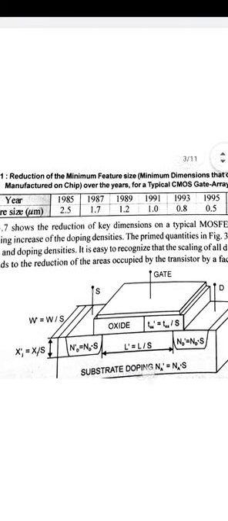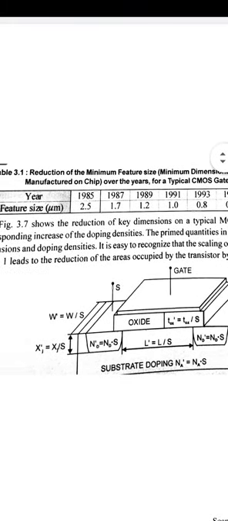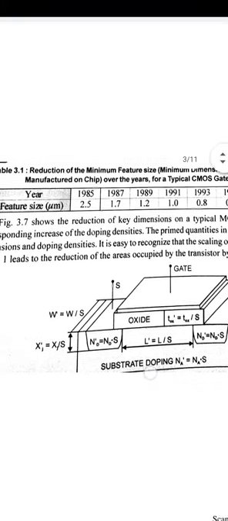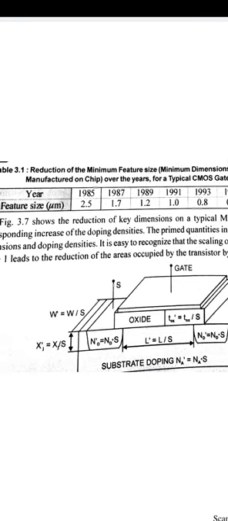In the table, I show the years and the minimum feature size in micrometers. In 1985 it is 2.5 micrometers, and as the years increase it reduces.